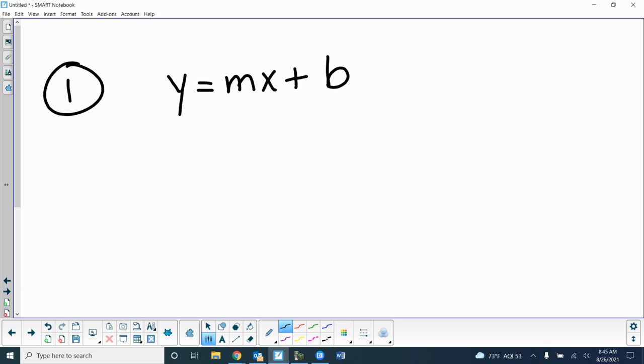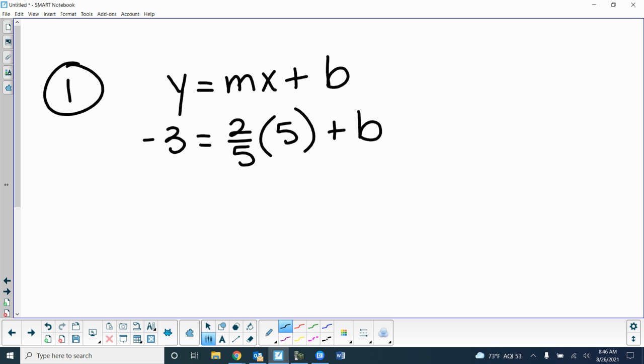Right? M represents slope, b is the y-intercept, right? Okay, so what we do is we substitute the point, negative 3 for y, the slope, 2/5, in for m, and the 5 in for the x, so we can solve for b, so we have the y-intercept.